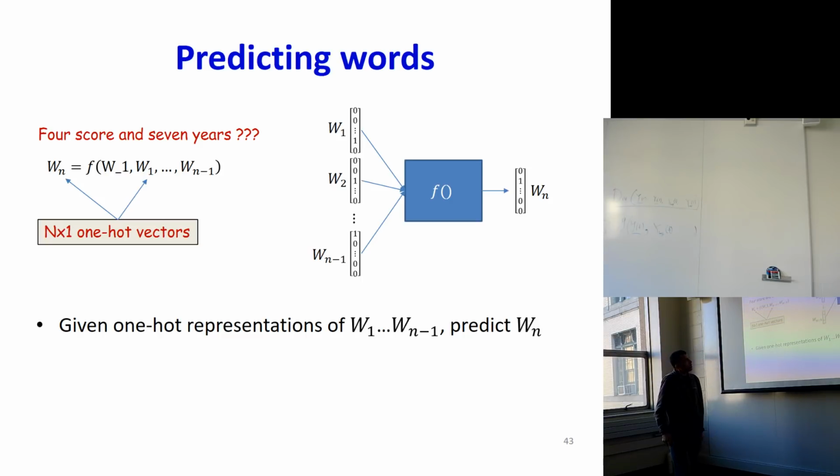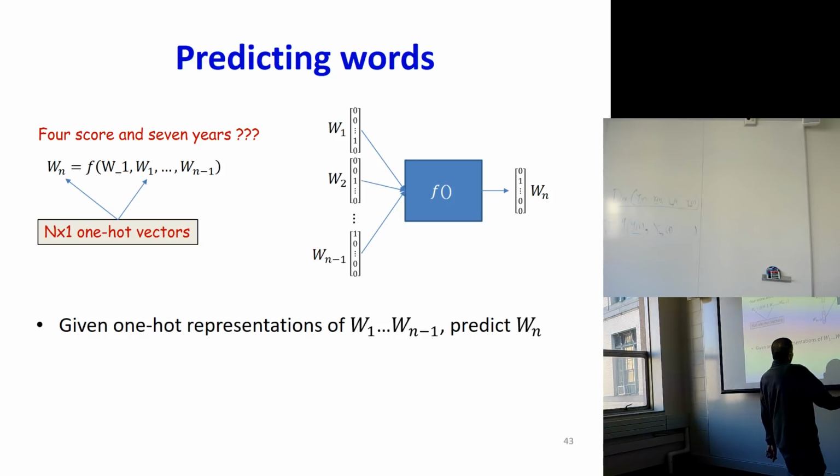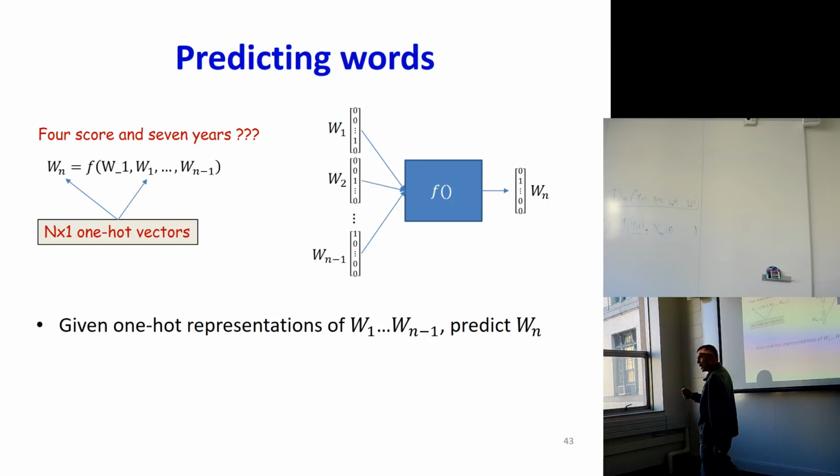So the generic representation is some function f which operates on the entire sequence of words from 1 to n and produces the nth word.